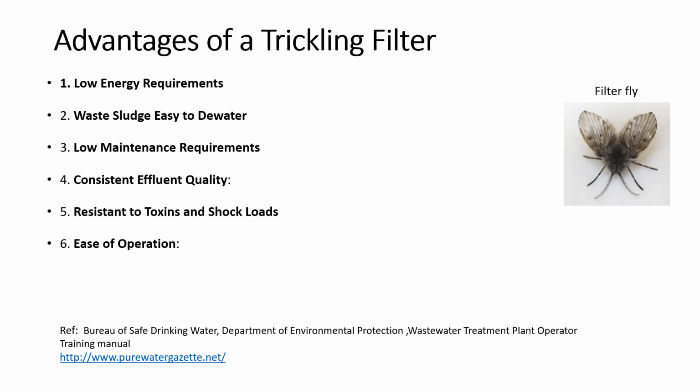Advantages of a trickling filter. One is low energy requirement, as the trickling filters do not require any additional energy consuming equipment such as air blowers. The energy requirement is low. The second advantage here, the sludge and the solids from the trickling filter are primarily composed of the sloughed off biological slime layer.